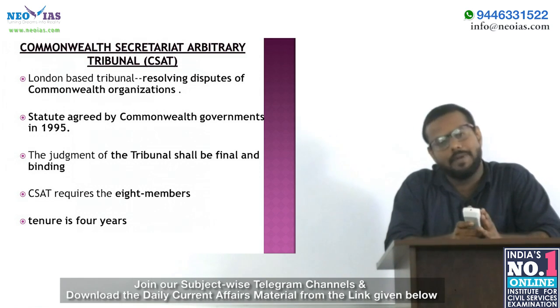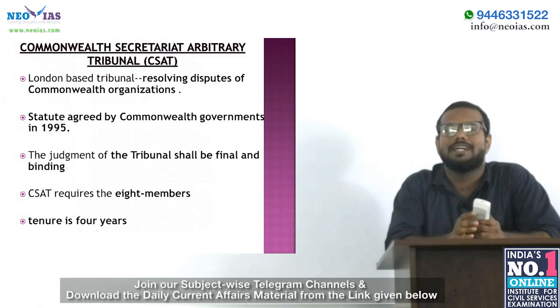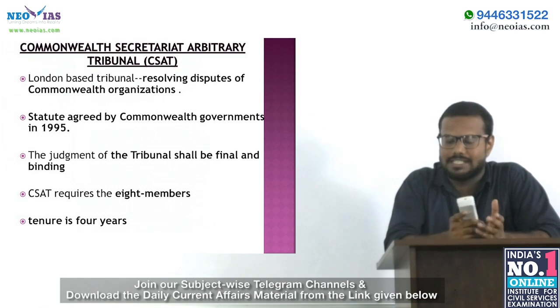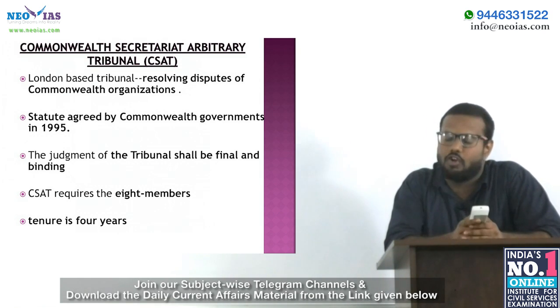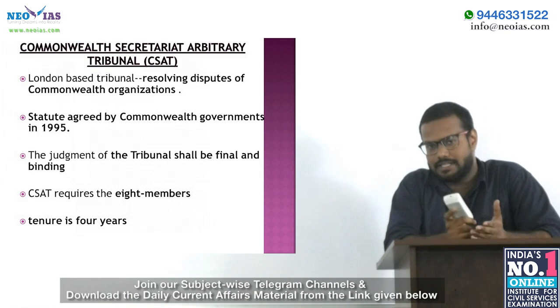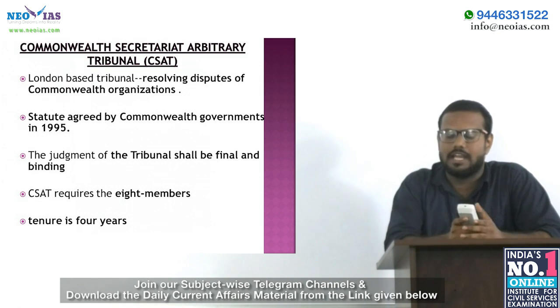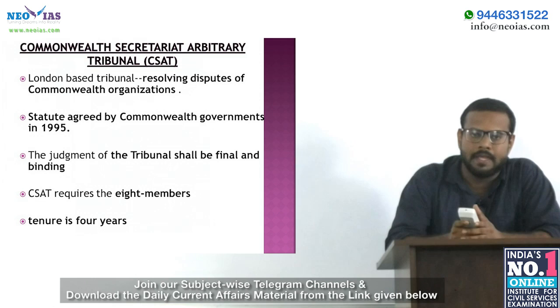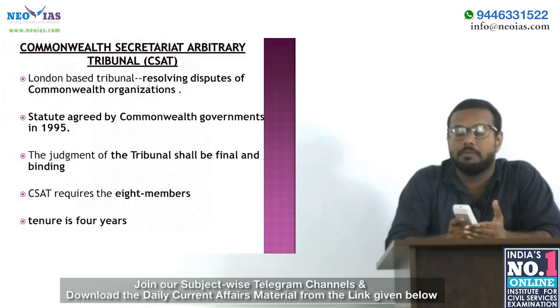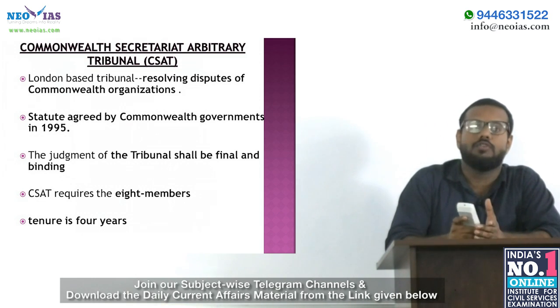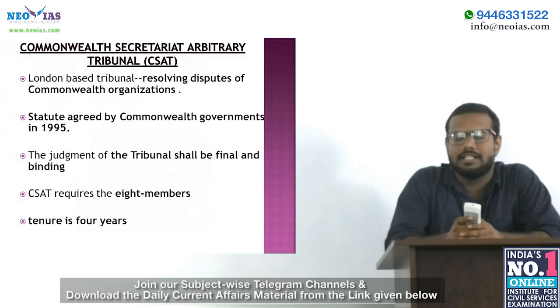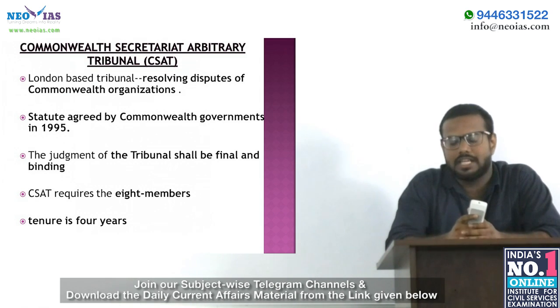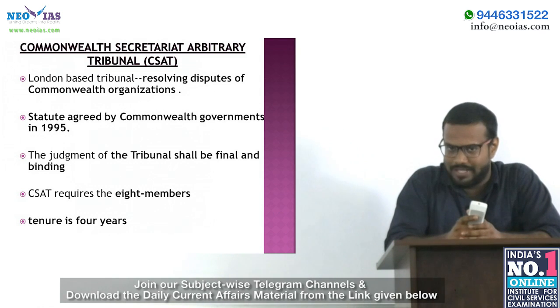It is a London-based tribunal for solving the issues related with Commonwealth, intergovernmental and various international organizations. It is established under the statute signed by the Commonwealth governments, and the judgment of this tribunal will be final. There will be no option for appeal, and the CSAT comprises 8 members, and the tenure of each member is 4 years.